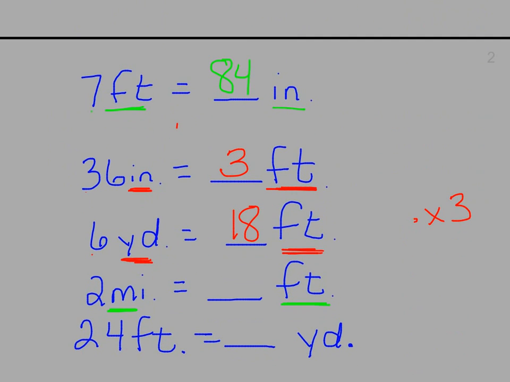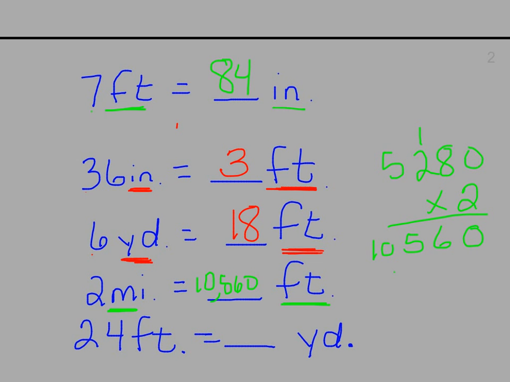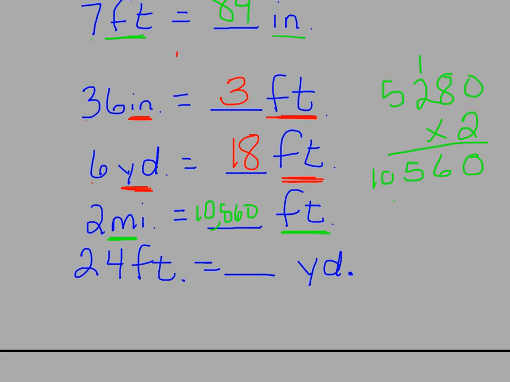So we do 5,280 times the 2 miles, because each of those miles contains 5,280 feet, so to know how many feet are in the 2 miles, we multiply. So 2 miles is 10,560 feet.